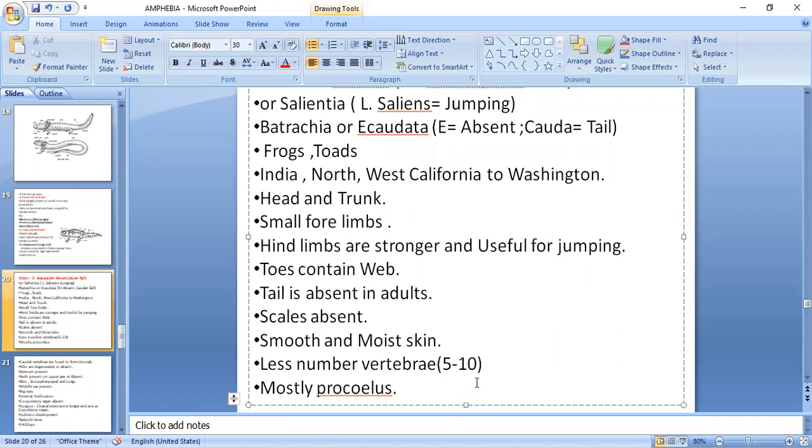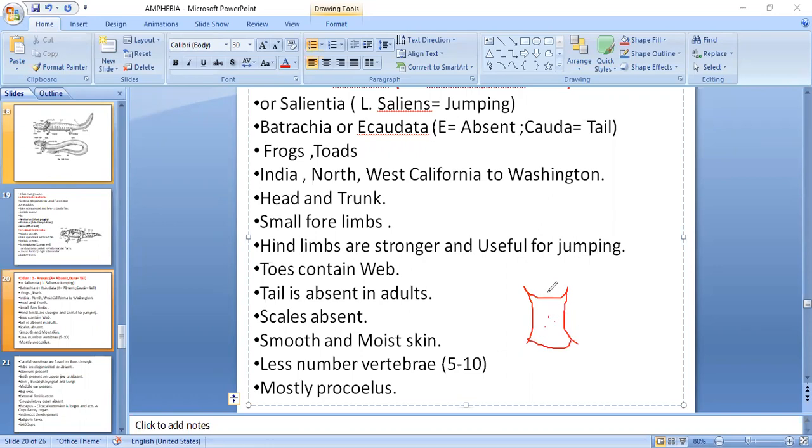So if you touch the frog, you will feel it. And a very small number of vertebrae are present, 5 to 10, generally 10 in frogs. So mostly procoelous type. Procoelous type means the centrum, so this is the centrum.